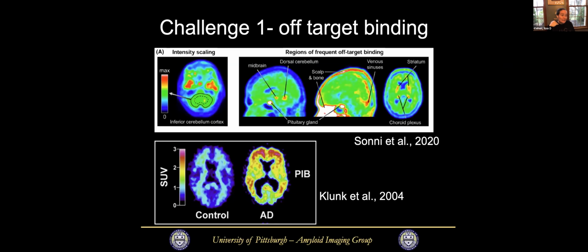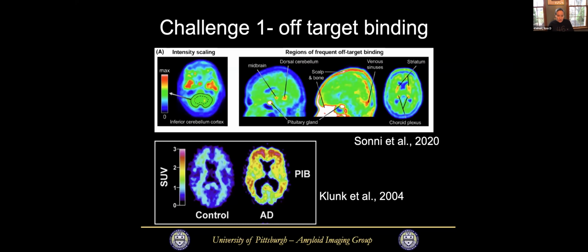And so one of the real needs in the field, and I think one of the things that needs to be done, is to figure out how to, at a very high level, segment out hippocampus from choroid plexus, and then be able to apply that to our PET images. And that's something that sort of eluded most people in the field and has moved people away from this particular tau tracer, which is now FDA approved, to tau tracers that don't bind as much to the choroid plexus.